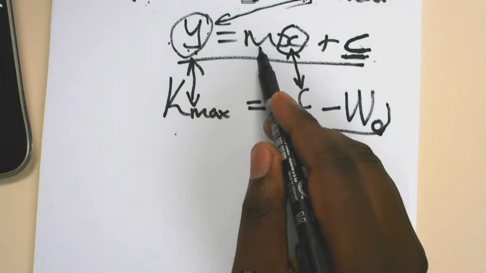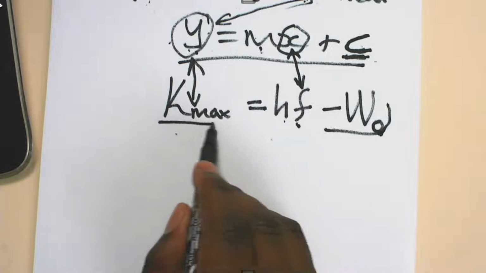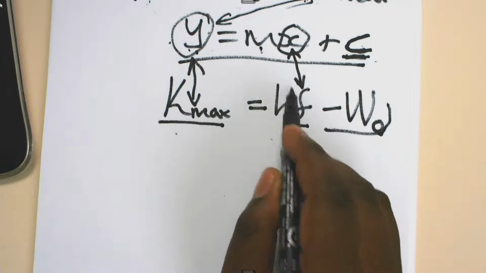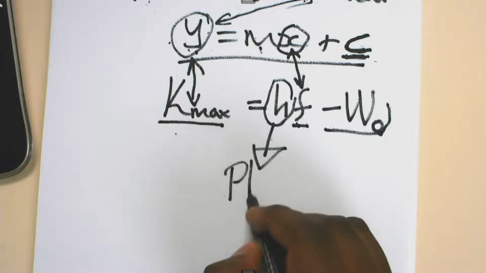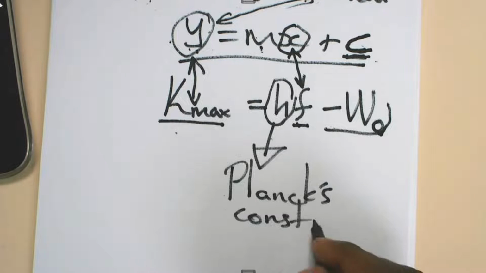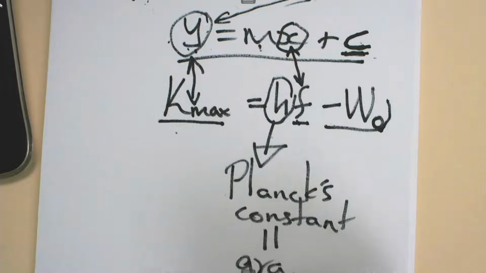Because m represents the gradient of the graph, it implies that if you have a straight line graph of kinetic energy versus the frequency, then Planck's constant will be our what? Our gradient.